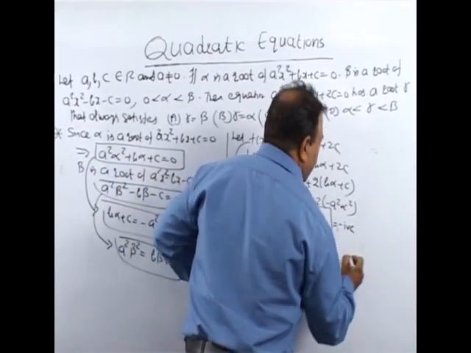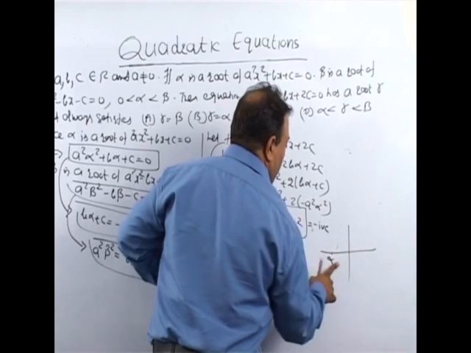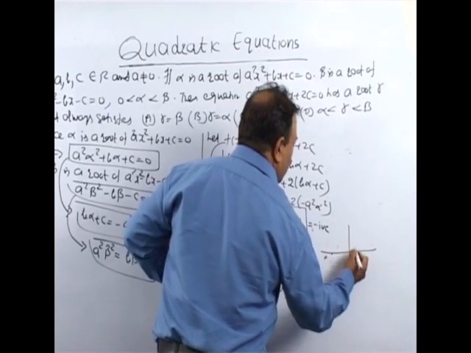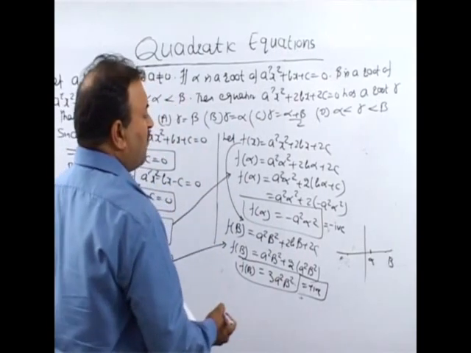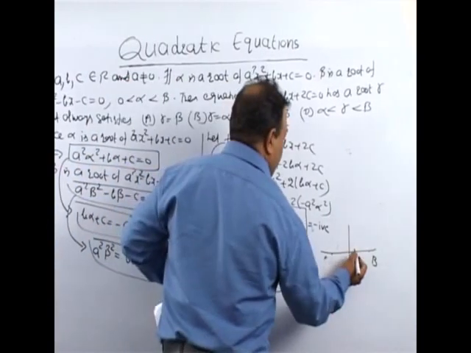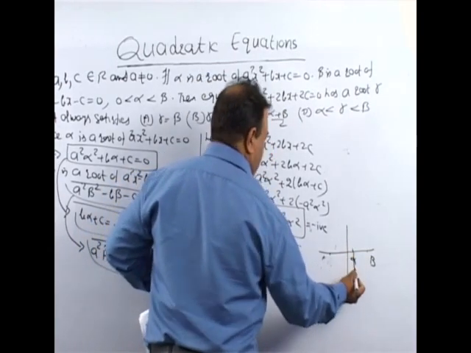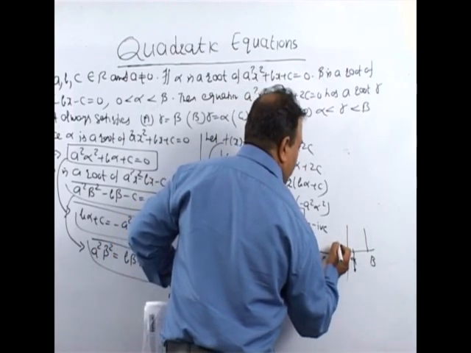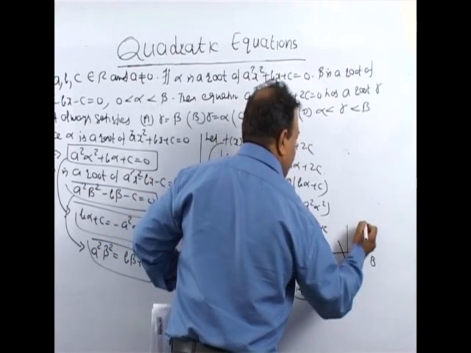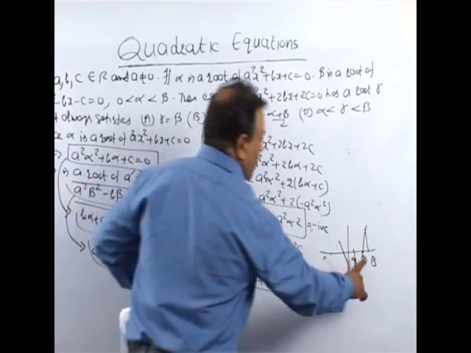If we draw a graph over here, f alpha is negative, somewhere here I take it, and f beta is positive, somewhere positive. If we join it, we find out this is the point, this is the root gamma.